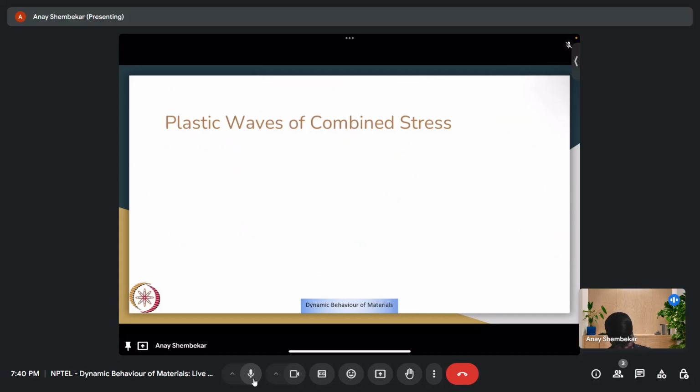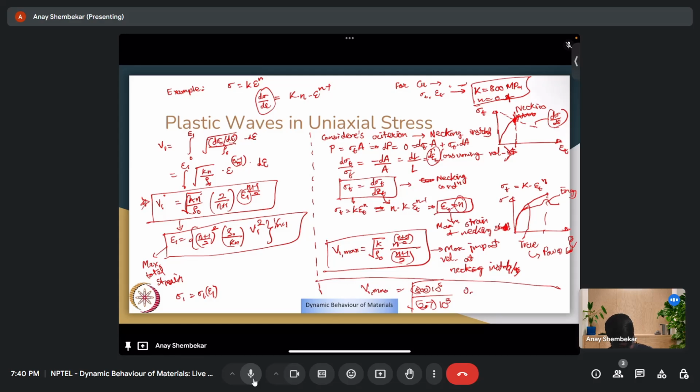And you could have 0.4 raised to 2.4 by 2, so 1.2, upon 1.4 by 2, so 0.7, something like this, in meters per second. Okay, so this is quite a high velocity.